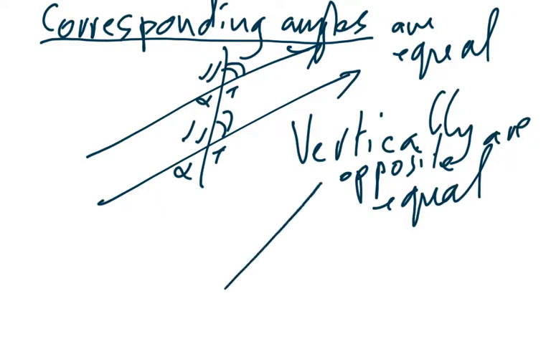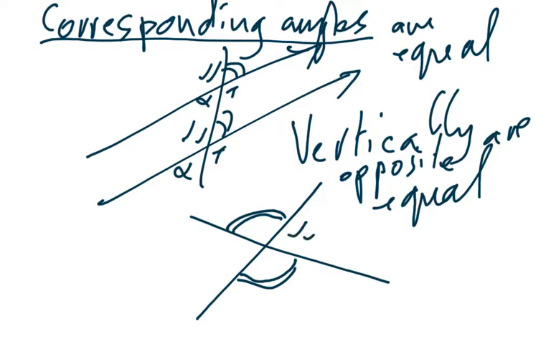Vertically opposite angles are formed at the cross of two lines. So that angle there is vertically opposite to this angle. Vertically opposite angles are equal, and that angle there is vertically opposite to that angle there.